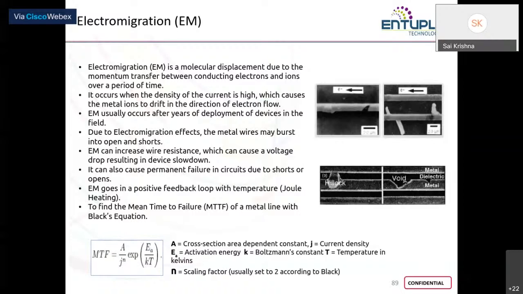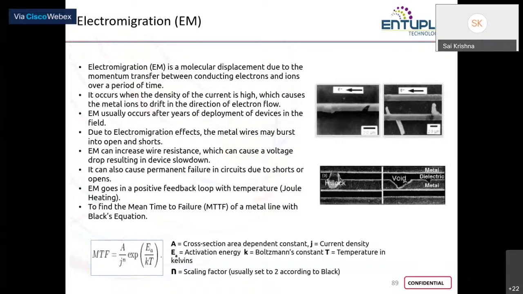Okay. So this happens when the current is too high or the same conductor is being used over a long period of time, etc. So what happens is when at a point it gets depleted of charges or ions, the resistance becomes too high, and it may burst into opens or shorts.